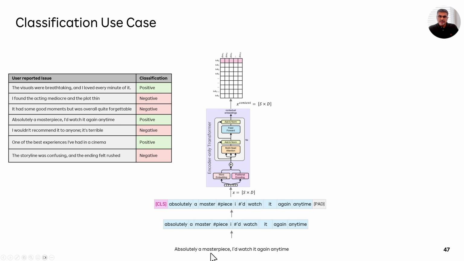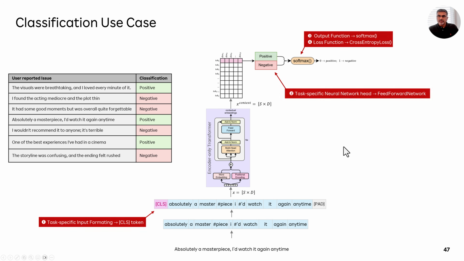Let's say it says absolutely a masterpiece. I'd watch it again anytime. I would tokenize it. And then what I do here is I would assign this special CLS token for classification. I'll send it through my transformer and it will produce a context-aware embedding matrix. And now, because it's a classification problem, I will send it through a feed-forward neural network with two logits at the end.